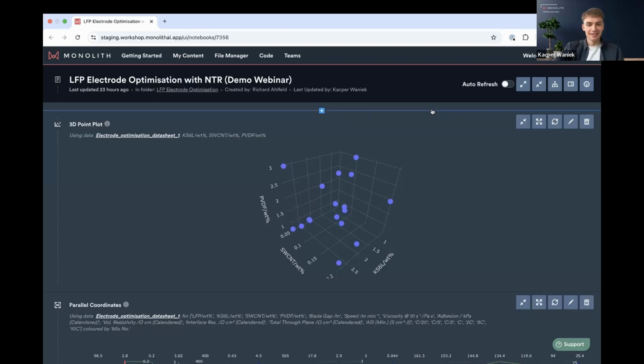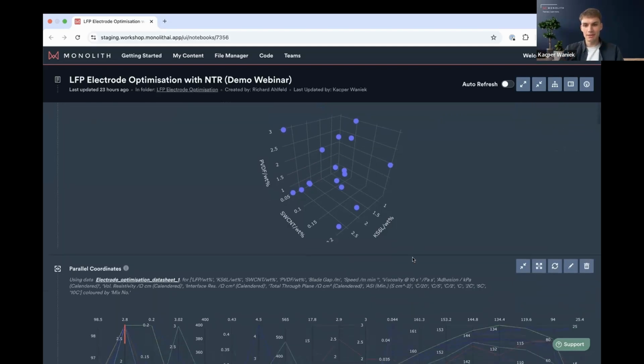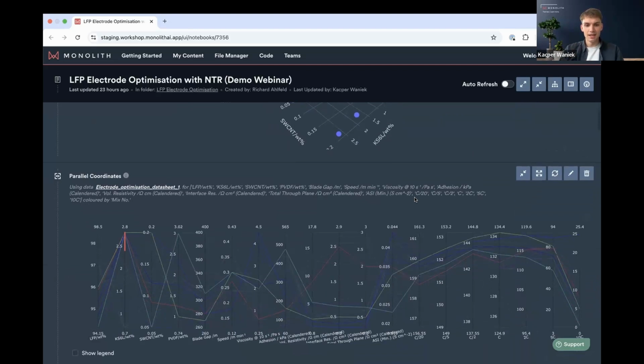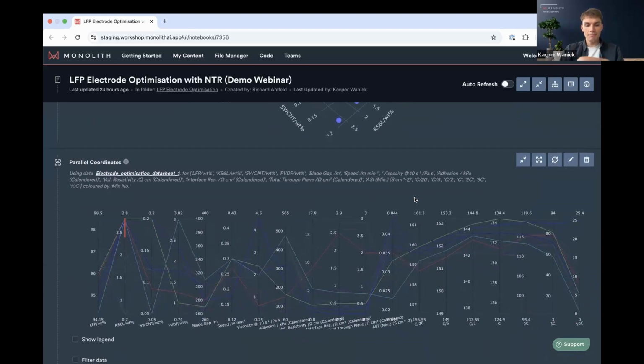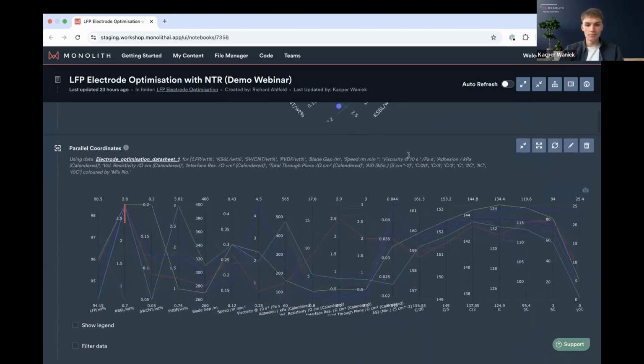Absolutely. Thank you, Simon. So I'll move on from our 3D point plot here, where we visualized a few of our input parameters being the material composition. We also have a parallel coordinates feature on our platform, and this helps us visualize all of the variables at once.